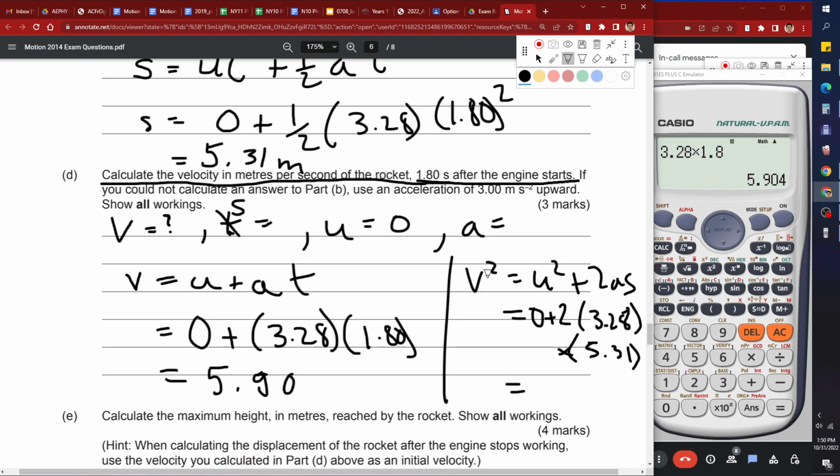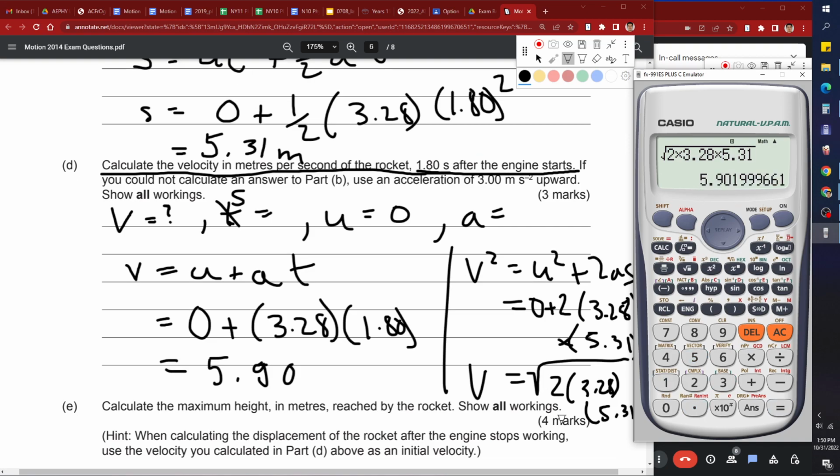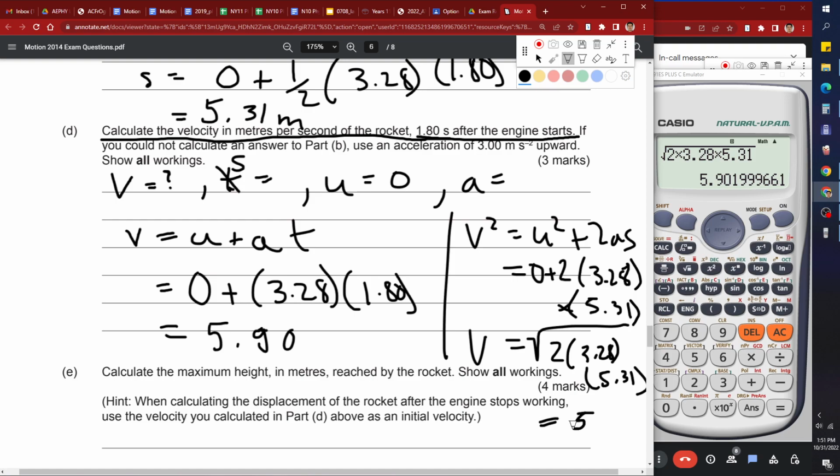Because you got to take the square root of this too, right? So v is going to be equal to the square root of all that: 2 times 3.28 times 5.31. Okay, so square root of all that. Don't forget the square root, guys. So 2 times 3.28 times 5.31. And you can see it actually comes out to the same exact answer.